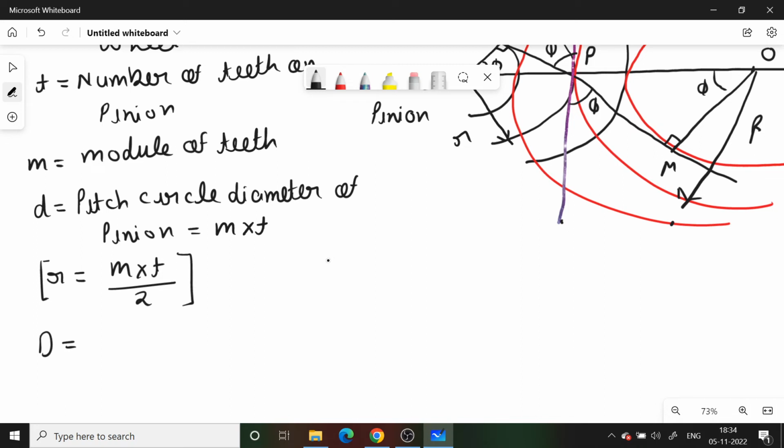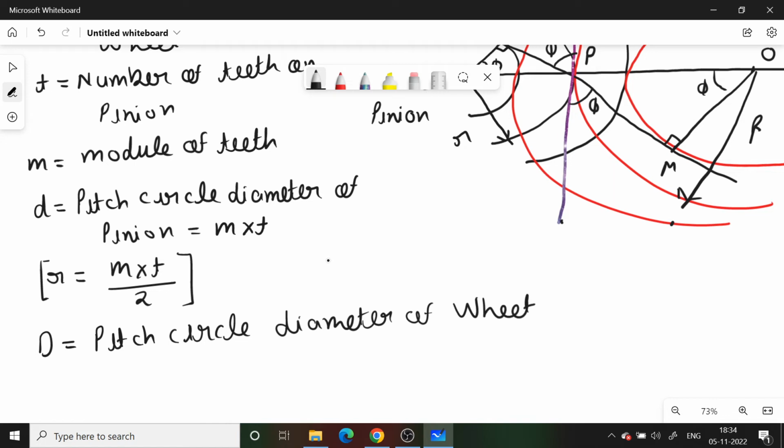Let capital D be the pitch circle diameter of wheel. So capital D will be equal to small m into number of teeth on wheel.